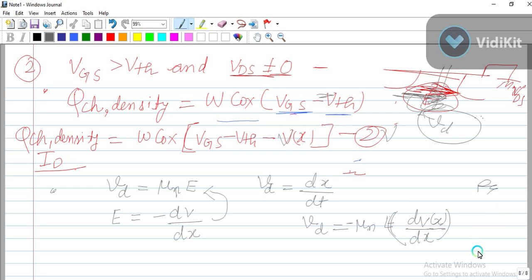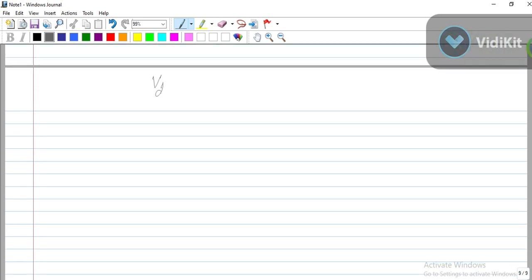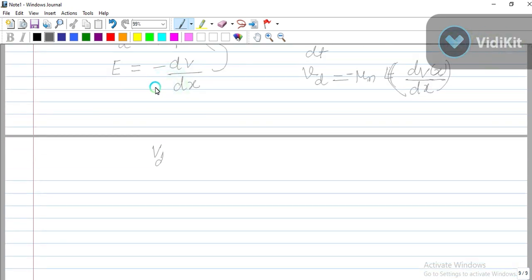Let me write the formula from before. Vd equal to minus mu n dVx divided by dx, or we can say dx by dt.